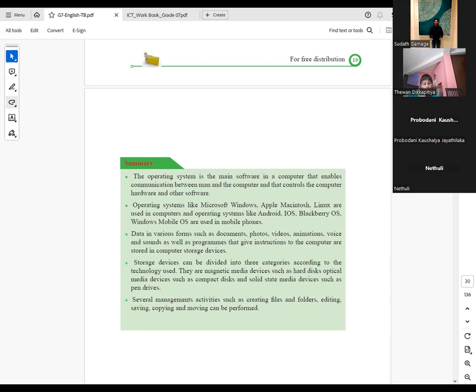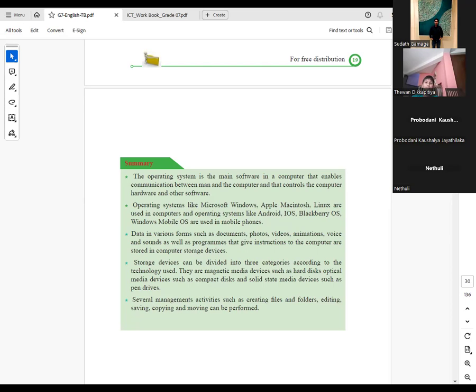Okay, then operating systems like Microsoft Windows, Apple Macintosh, Linux are used in computers and operating systems like iOS, BlackBerry OS, Windows Mobile OS are used in mobile phones. You know it. Data in various forms such as documents, photos, videos, animations, voice and sounds, as well as programs.